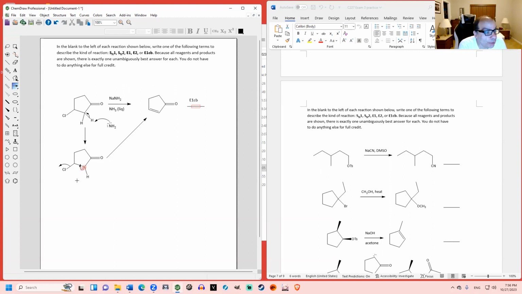And in this case, we also get a well-stabilized carbanion, because the carbanion is stabilized by resonance. There's another resonance form that looks like this.